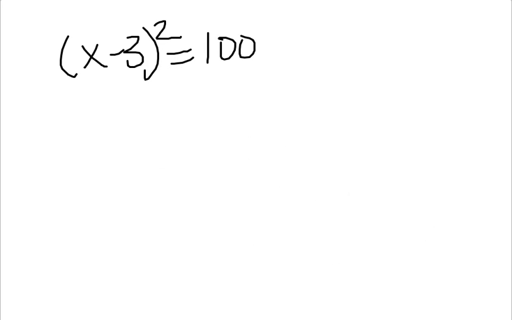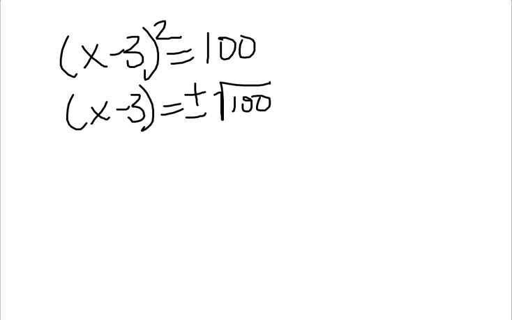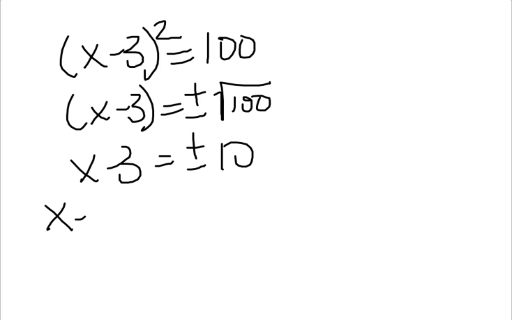What if I have something like this, x minus 3 squared equals 100? So I'm going to square root both sides, and I get x minus 3 equals, again, plus or minus the square root of 100. So x minus 3 equals plus or minus 10. So I'm going to separate that. x minus 3 equals negative 10, or x minus 3 equals positive 10.